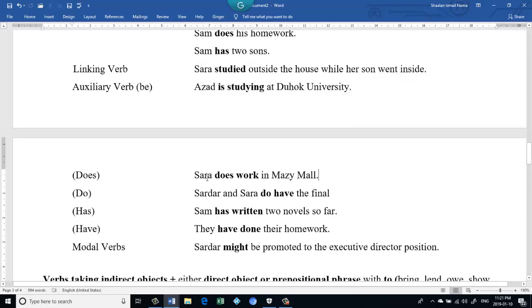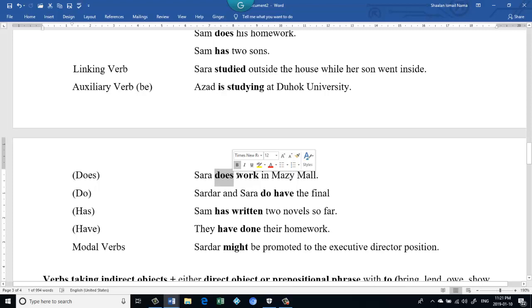Or maybe, in addition to the main verb, you could have an auxiliary verb. For example, adding more stress or making sure that the action happens. For example, Sarah is the subject. Does is the auxiliary verb. You could delete it anytime.